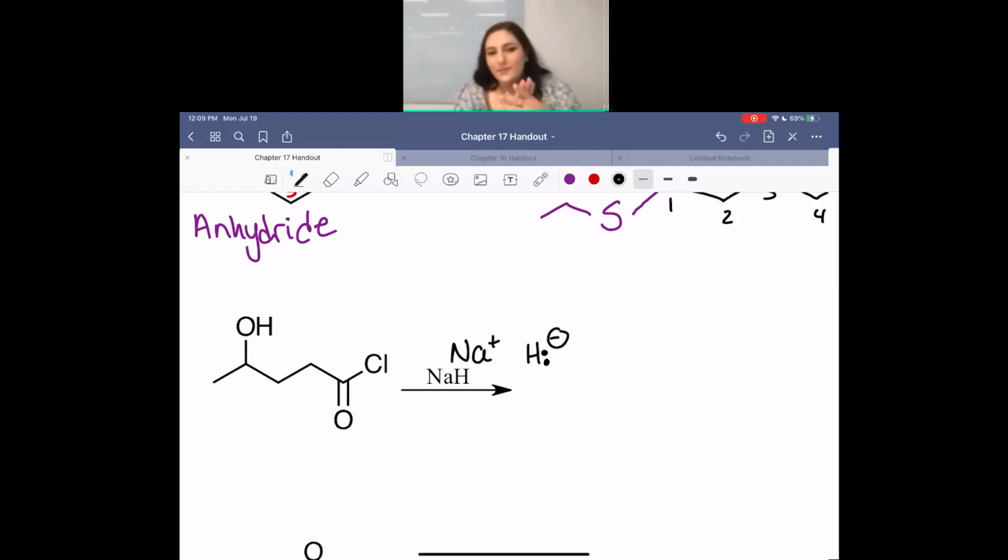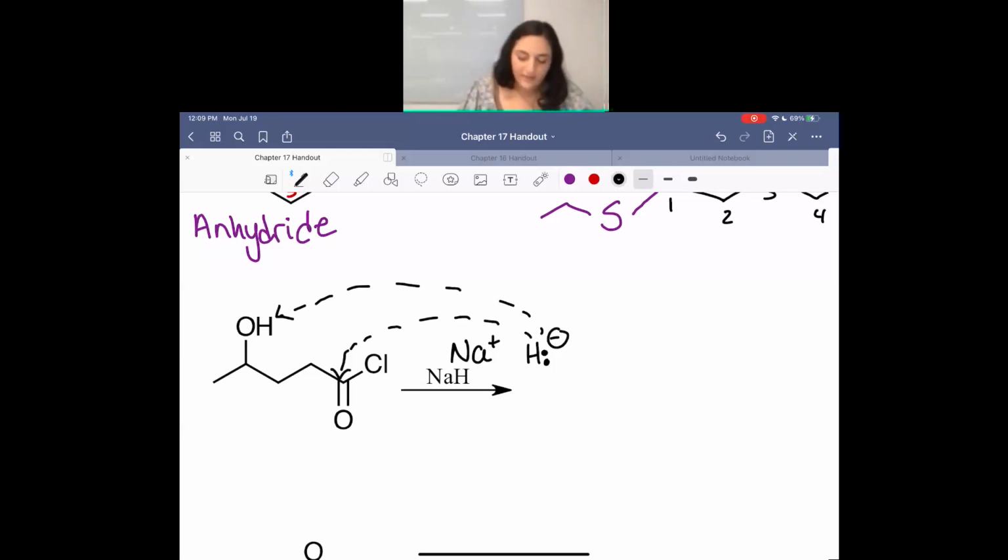So in this example, it could either be a base and steal this hydrogen, or it could be a nucleophile and attack. What do you think is easier for that nitrogen? To do a whole reduction reaction or to steal a hydrogen? What do we think?